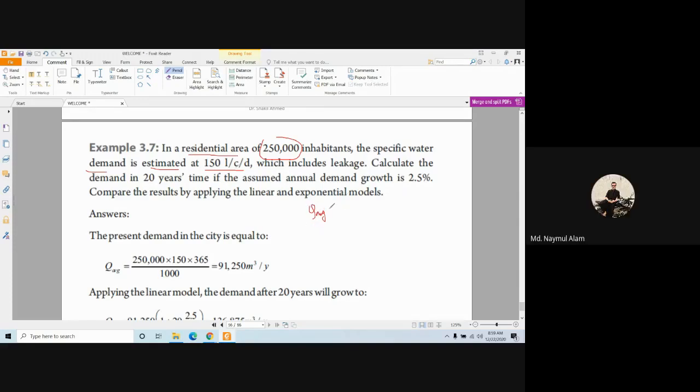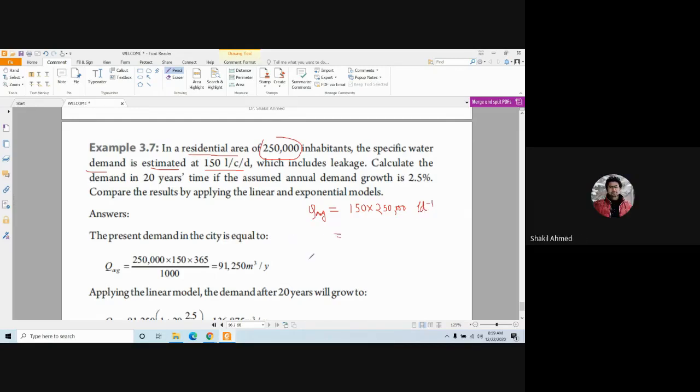Yes, sir. So you have to multiply this 150 with the capita, 250,000. Then you'll get it in liter per day. Right, guys? Yes, sir. Okay.